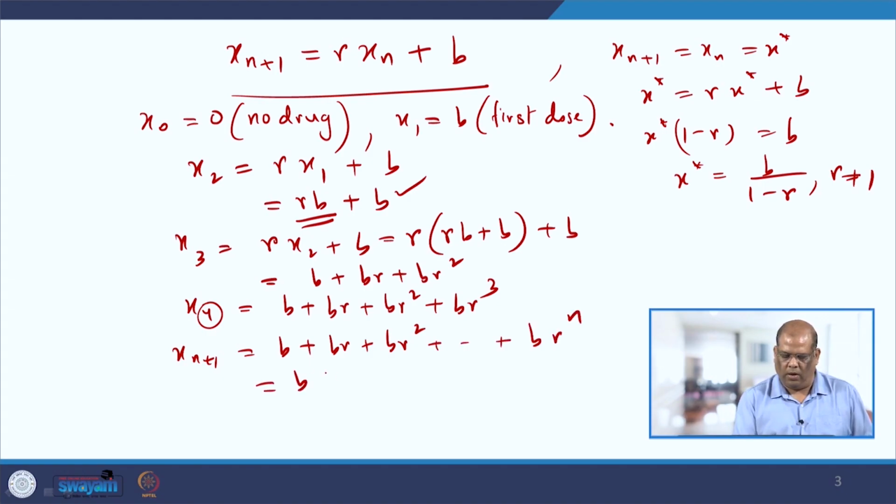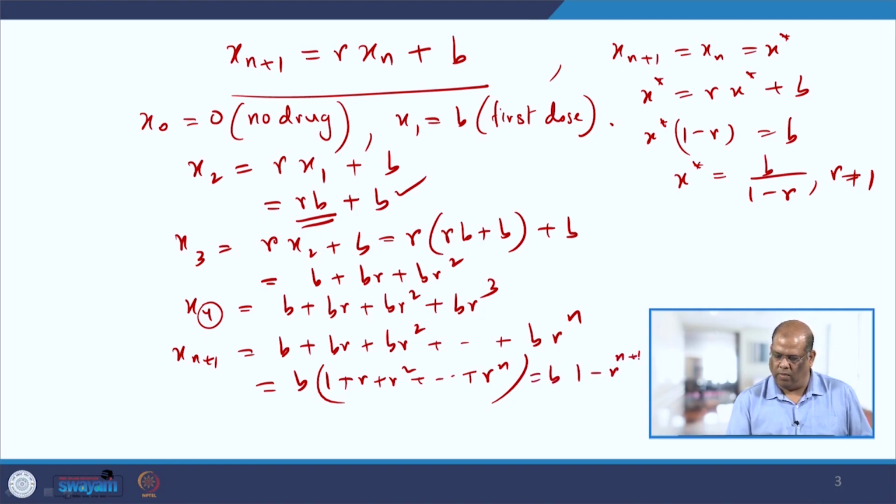Take b common, it is a GP series in R. So, the formula is 1 minus R to the power n plus 1 by 1 minus R, assuming R is less than 1. Because R is a fraction of the drug, R has to be less than 1.